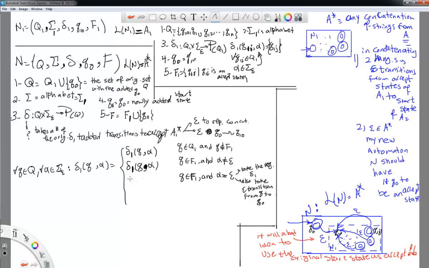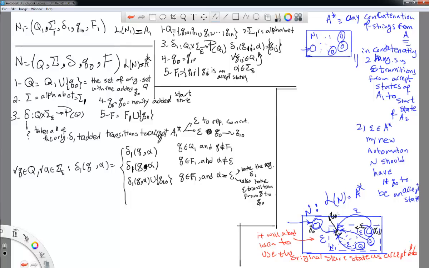So this will be basically the union of the original transition of q and alpha from delta sub 1, if in fact my original machine had already an epsilon transition from one of its accept states, union with q sub 1,0, which is just going to the start state. So this is q sub 1,0, the start state of your original machine.